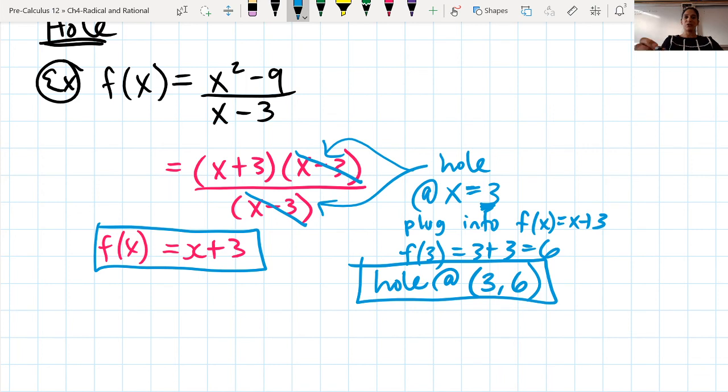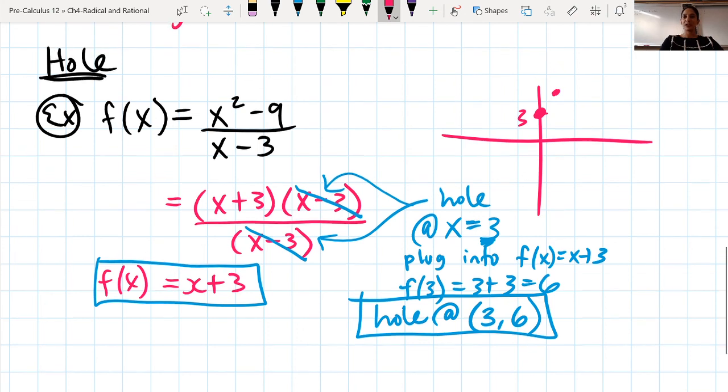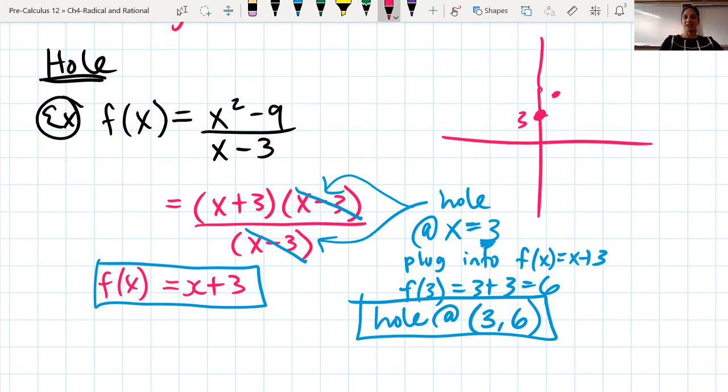But if I were to quickly sketch this out, I'm just going to do a really rough sketch of what this would look like. We know that this is just a linear equation. I'm just going to say that's plus 3, that's where it goes through, and then up 1 over 1, the slope would be 1. But when I get to the point where it's at (3, 6), I'm just going to make it up. Let's say it's there, and I'm going to say that's 6.